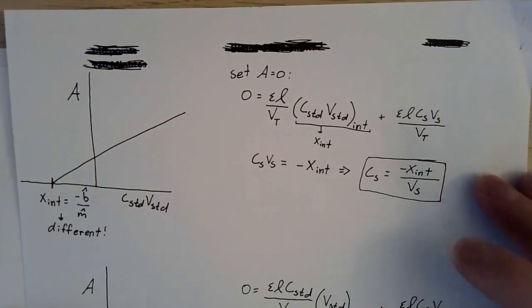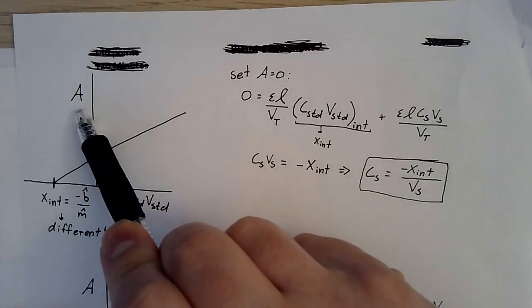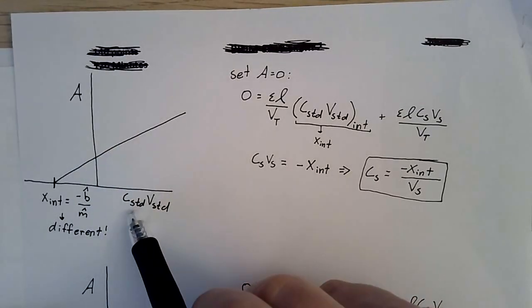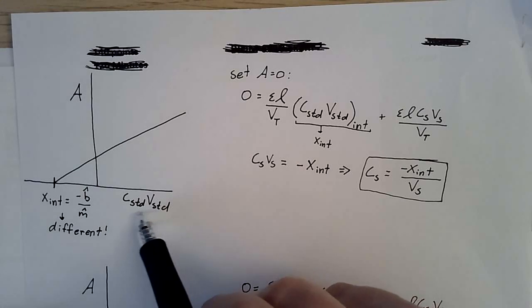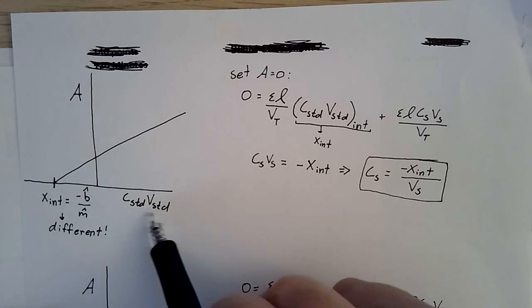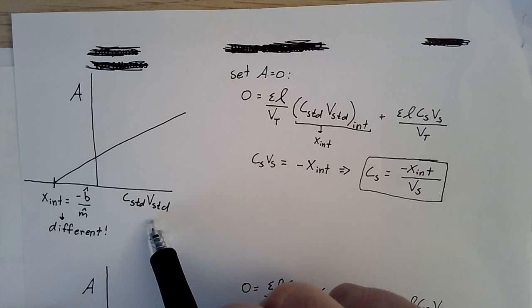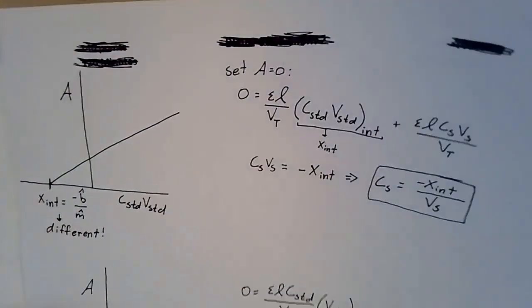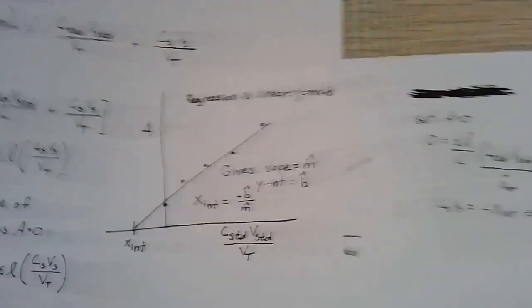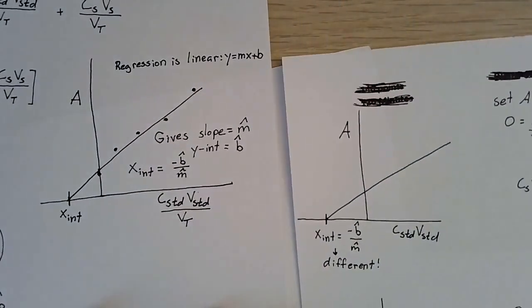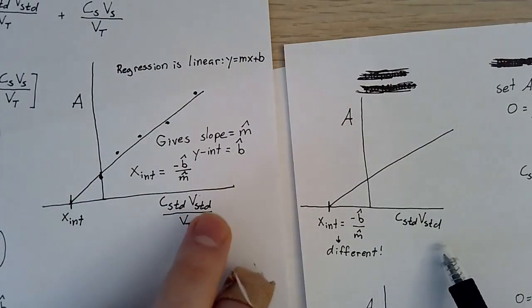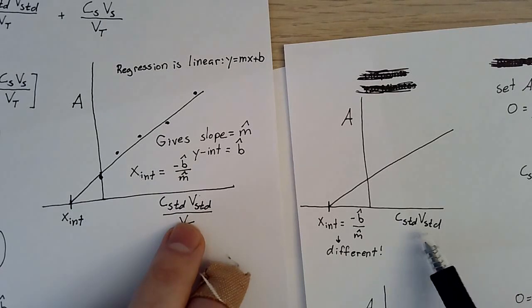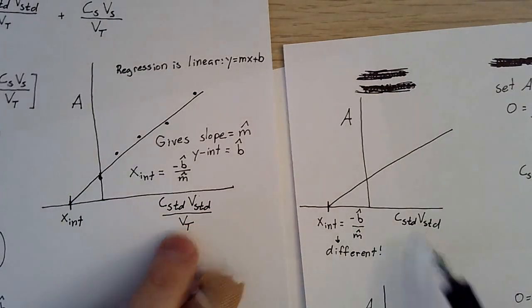So one option might be that you would plot absorbance versus concentration of standard times volume of standard. So we just aren't plotting it against total volume as well. On the previous figure, we had that same thing, concentration of standard, volume of standard, but we're not dividing by total volume this time.